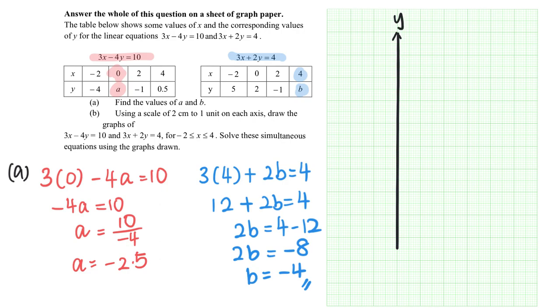And because the highest value I see is 5, and the lowest value is negative 2.5, it can be somewhere here. So this one will be 5, 4, 3, 2, 1. So this will be y-axis, negative 1, negative 2, maybe negative 3.